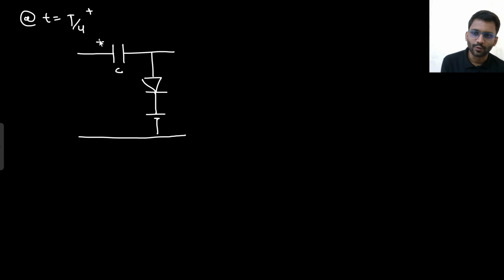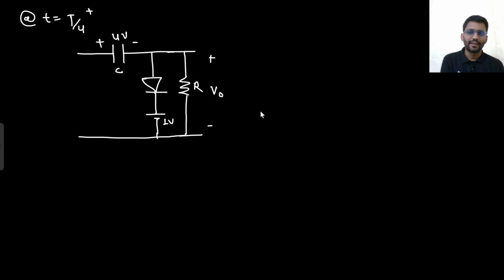This is charged to 4 volt in this direction. This is a resistance R, which is very large, but there is no need of it. This is 1 volt. This is resistance R, this is V naught.